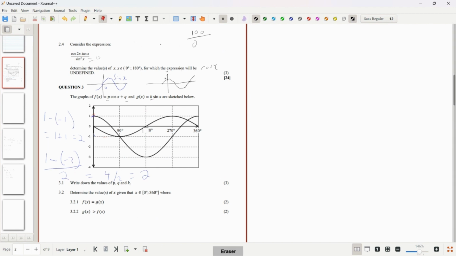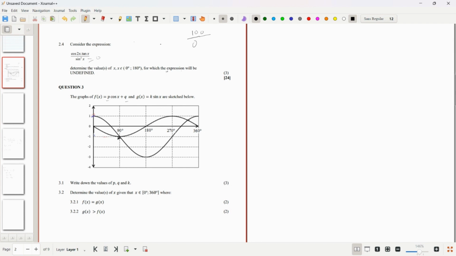3.2. They ask us to determine the values for x, for which x is an element of 0 to 360. You can see 0 to 360, right? So we need to check where these two graphs are equal. We can see they are equal here, they share coordinates here, and also here.